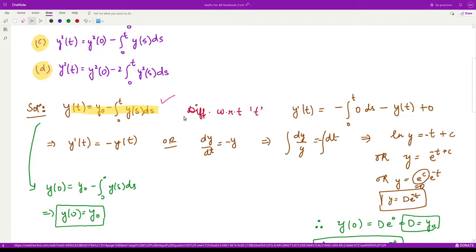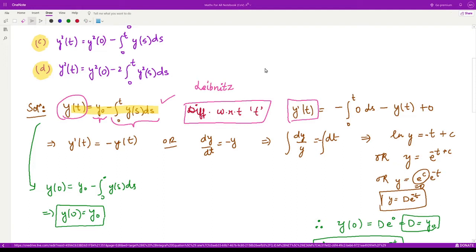So how to differentiate it? We can differentiate it with respect to t. The first term becomes y′(t), the derivative of y with respect to t, and y₀ being constant, its derivative is 0. Minus, now here we have to apply the Leibniz rule of integration. What does that rule say?